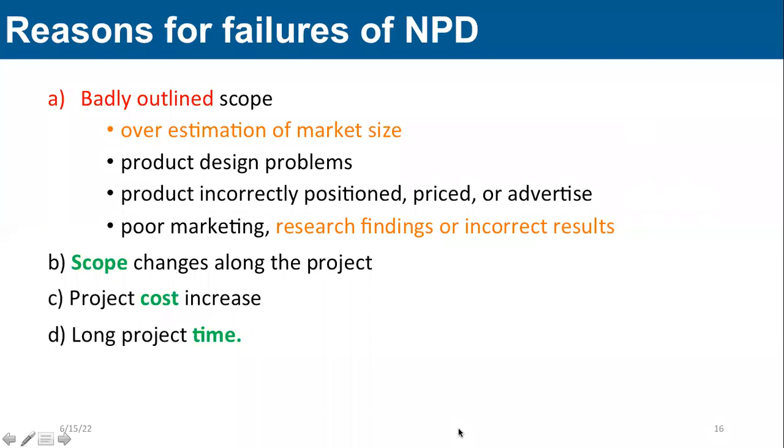We have calculated all the financial factors and the proposals, and all these things might have been proposed to the bank to get loans. Then all of it will be a mess. So scope is very important. It should not change along the project.